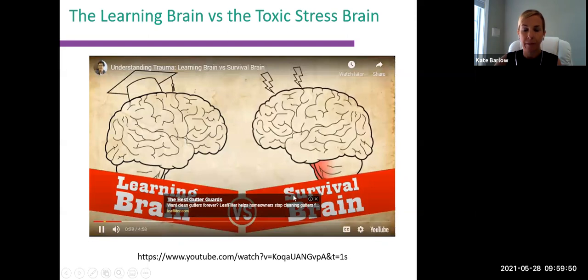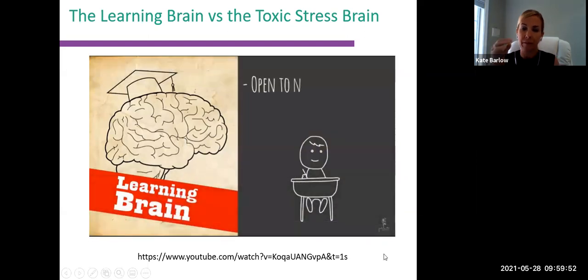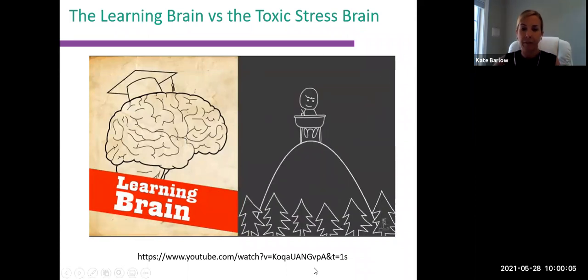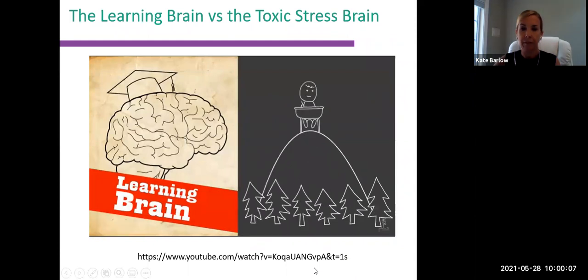So learning brain is this brain that's open to learning new information, and it's completely okay with ambiguity and grays and vagueness. And it sees the big picture. It pulls back and is on the balcony, can look over the forest and figure out what's going on.